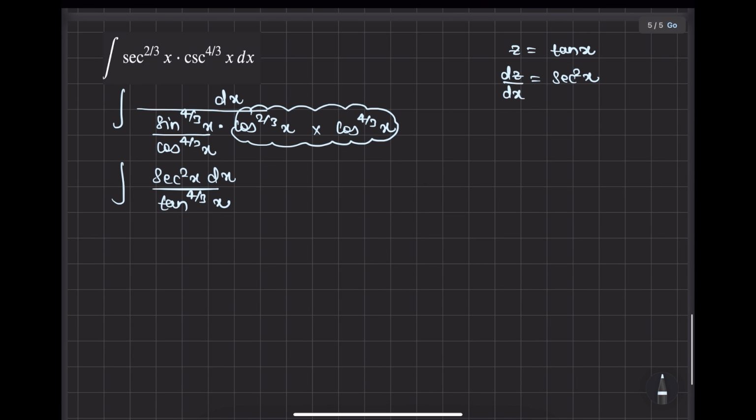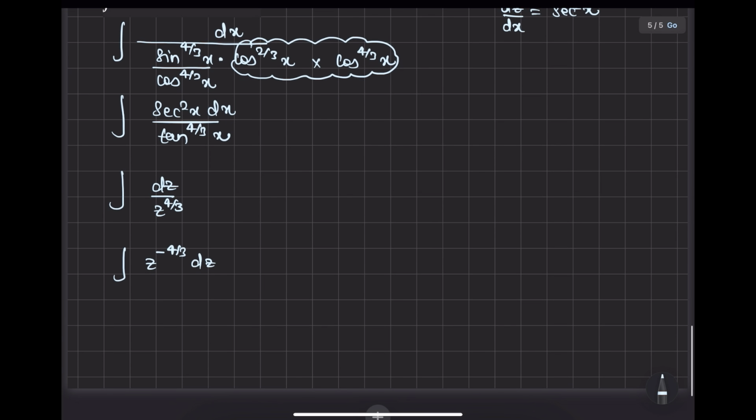Now the point is, you have taken tan x as z, so apply the replacements. So it is dz by z power 4 by 3. So can I write the question as z power minus 4 by 3 dz, and then do the integration. Z power minus 4 by 3 plus 1, over minus 4 by 3 plus 1, plus integration constant c.